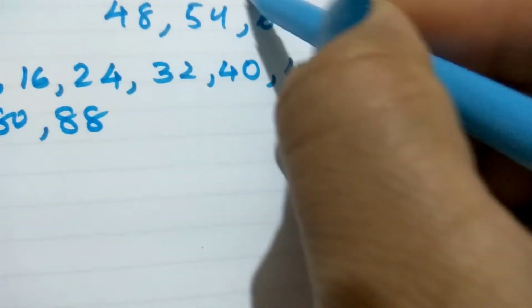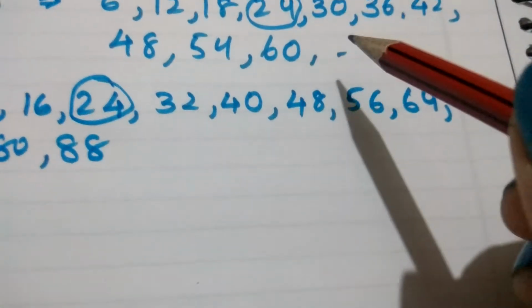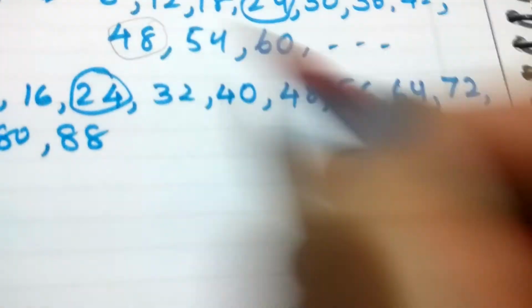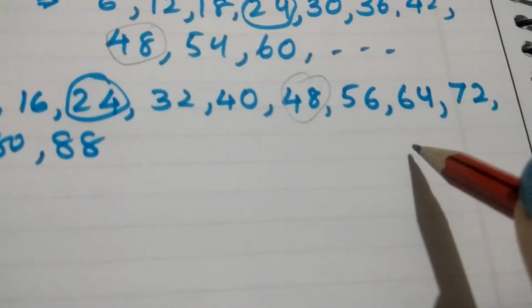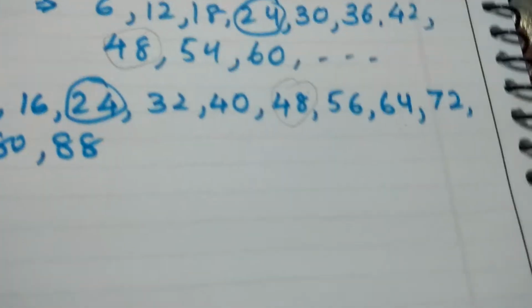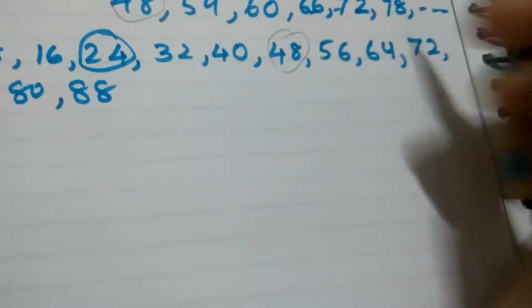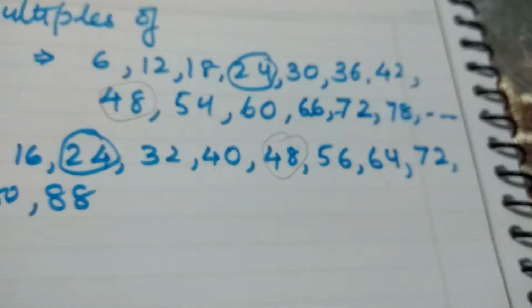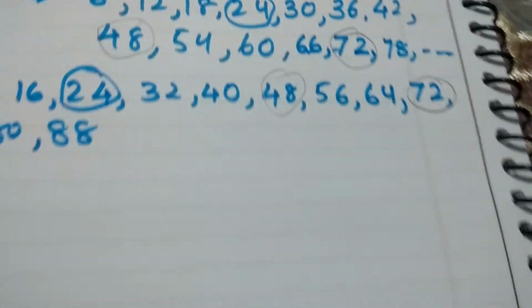If we have to find the first three common multiples, let us start finding that. We see that the first common multiple is 24. We can encircle that. After that, the next common multiple that we find is 48. And after that, up to 60 there is no common multiple, so we have to extend this a little more. We will find 6 11s are 66, 6 12s are 72, 6 13s are 78. So we have found the third common multiple is 72.